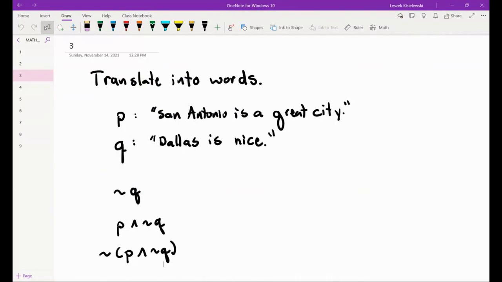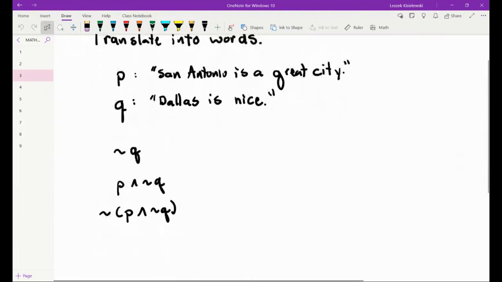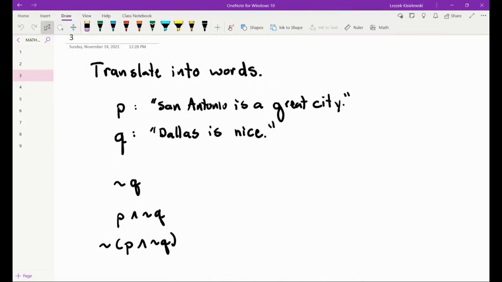All right. So we negated some statements, and now we're going to take symbols and turn them into words. So we have two propositions. P is San Antonio is a great city, and Q is Dallas is nice. So looking at symbols, we should be able to articulate not Q, right?